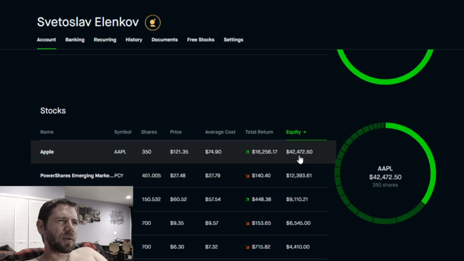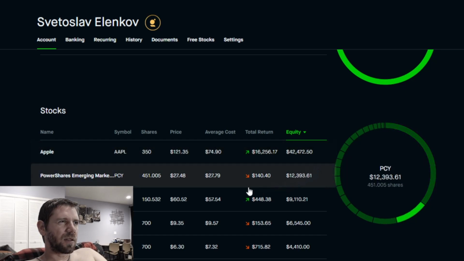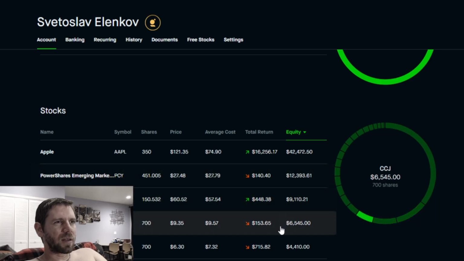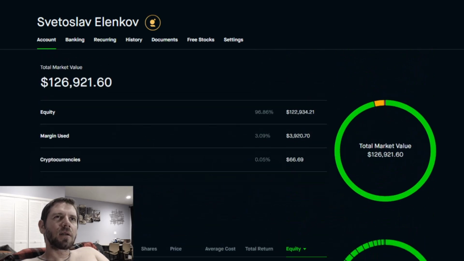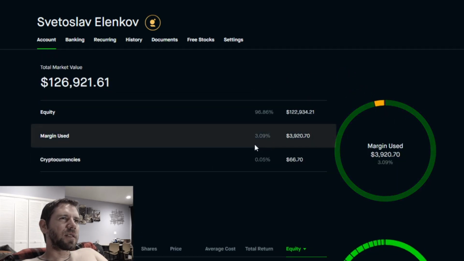You can see Apple has a considerably good grasp on the number 1 position in the account, sitting at $42,000 currently. And then it's the emerging market bonds, which are a little bit over 12,000, and then Realty Income at 9, and Chemical at 6, and then it kind of drops off a little bit. So that's the account tab here.